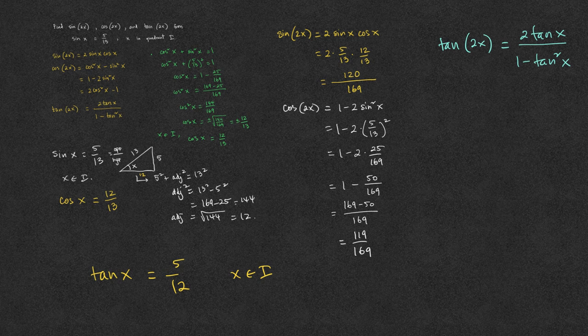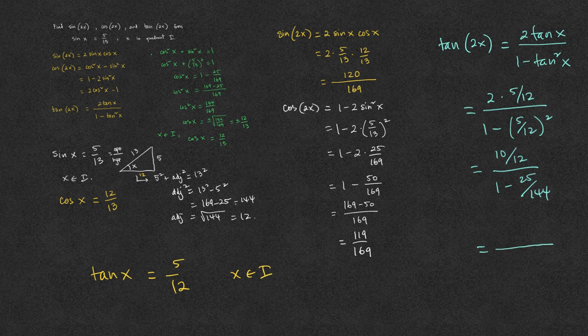Tangent of 2x is therefore 2 times tangent of x, which is 5 over 12, over 1 minus the quantity 5 over 12 squared. 2 times 5 is 10, so the numerator is 10 over 12. The denominator is 1 minus 25 over 144. The common denominator is 144.